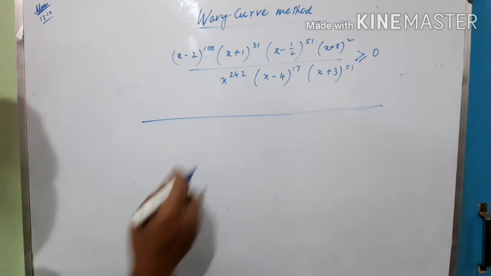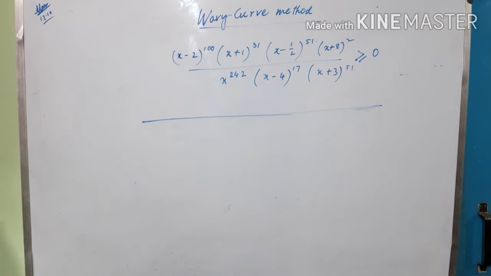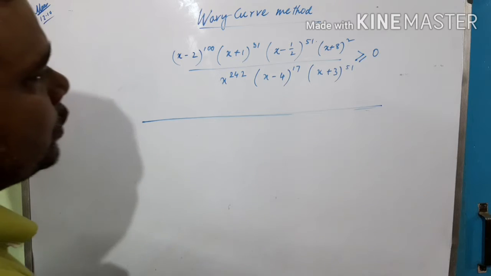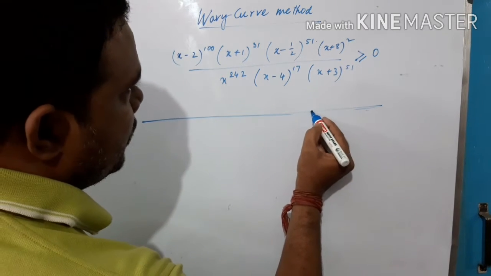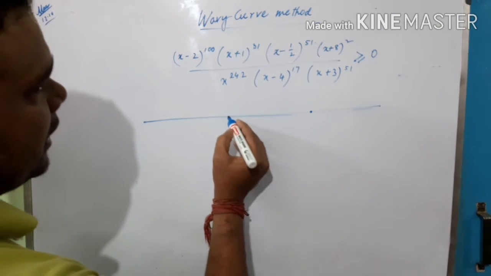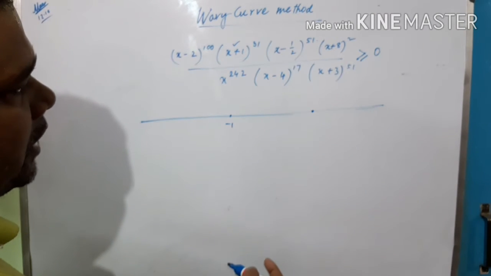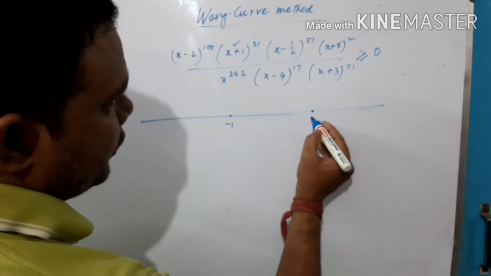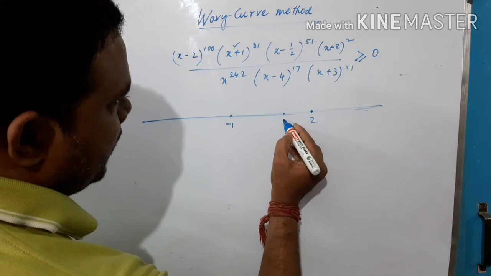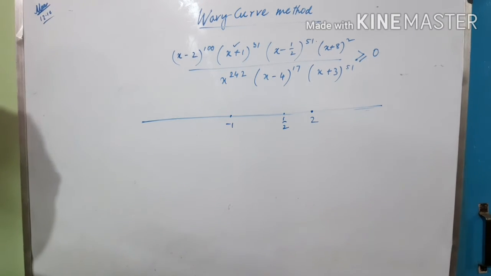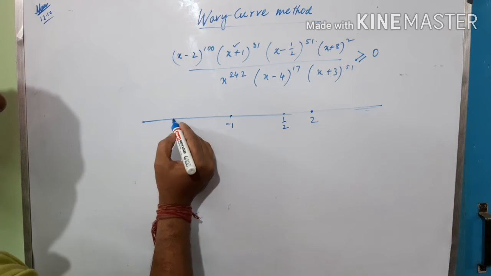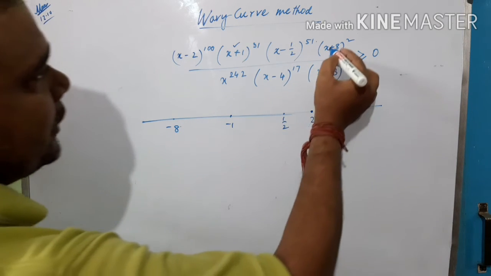So here we have drawn the real line, and the first one is the number 2. Let us suppose we have marked 2 over here. Second one is the number minus 1. So here is minus 1. Next one is the number half, so half must be somewhere here. Next number is minus 8, so let us suppose here is minus 8.